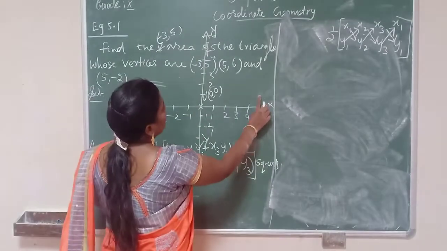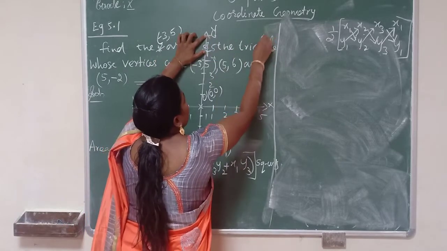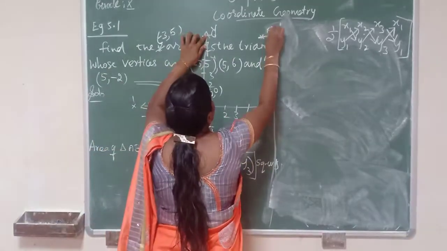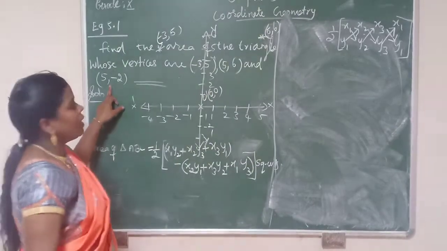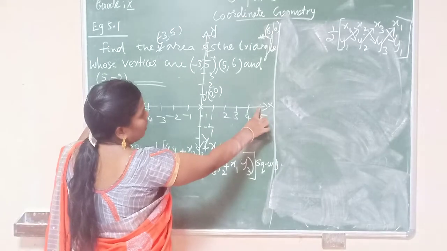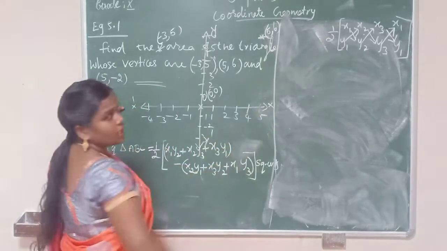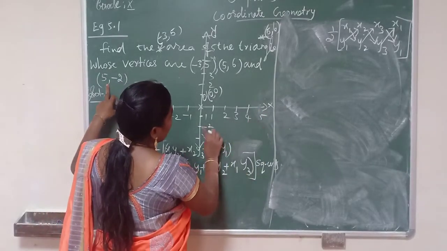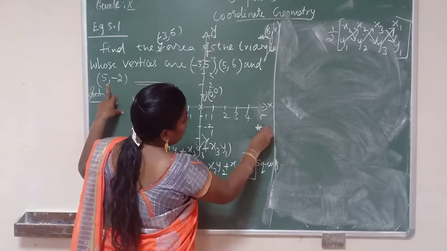We plot 5 corresponding 6, here it is, and near it we write 5 comma 6. Next third point (5, -2): x value 5, y value -2, so it will come down. x value positive, y negative means it will come in the fourth quadrant. Here it will come: (5, -2).